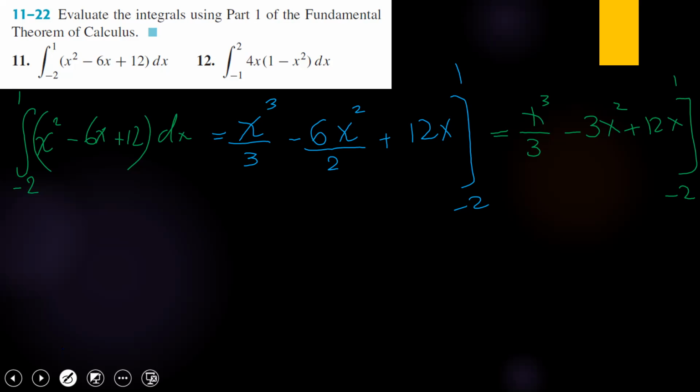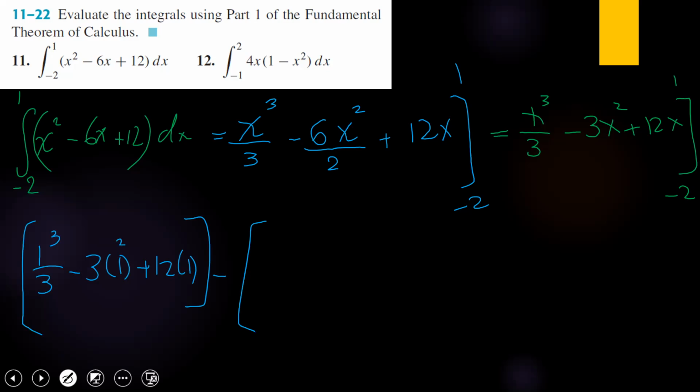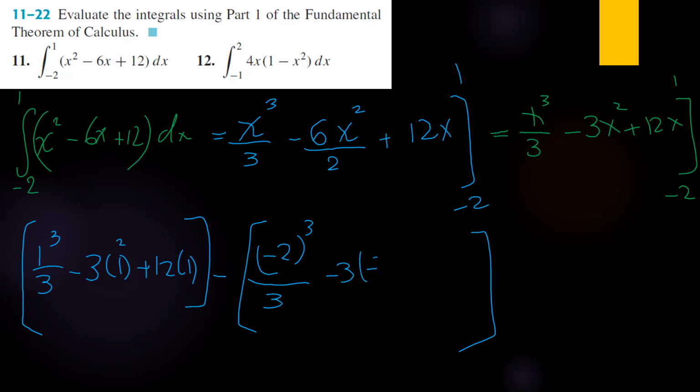So 1 cubed over 3 minus 3 times 1 squared plus 12 times 1. This is for f of 1, minus f of -2. That means -2 cubed over 3 minus 3 times -2 squared plus 12 times -2.